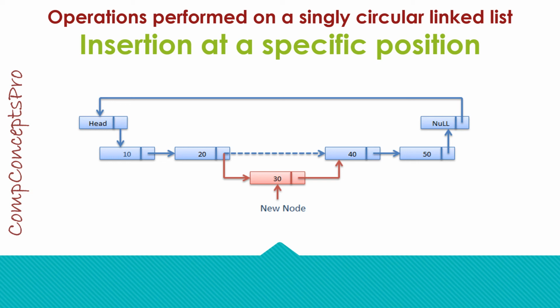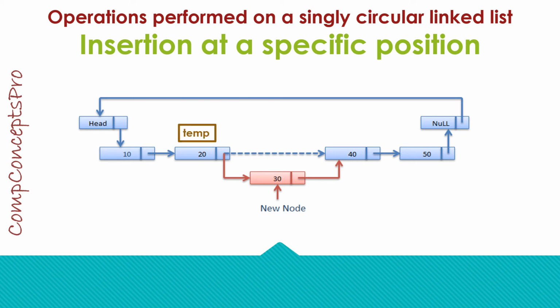Anyways, so here also I will assign a temp pointer, rather two temporary pointers, say temp1 and temp2. One will be the node before the position where I have to insert the new node, and one will be the node after the position where I have to insert the new node.